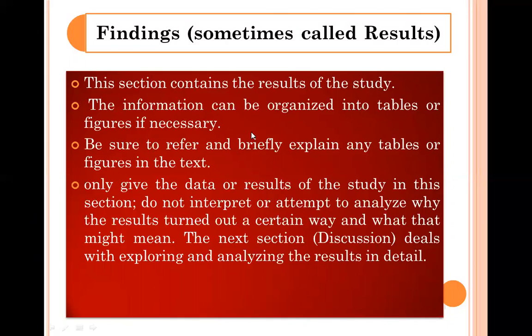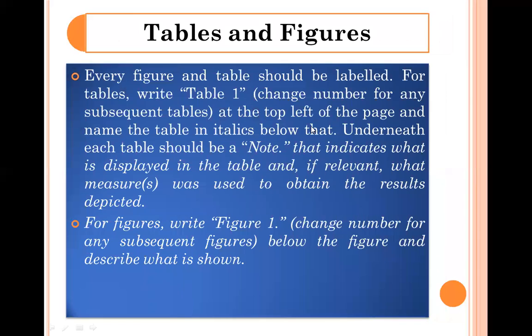Okay, but if you are using tables and figures, make sure that you are referring to those tables, you are referring to those figures, and you are explaining them briefly in your findings section. Because I told you, whenever you're using tables and figures, please understand every figure, every table should have a label, should have a name. Okay.